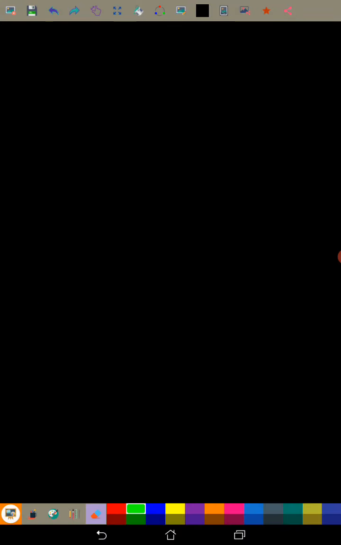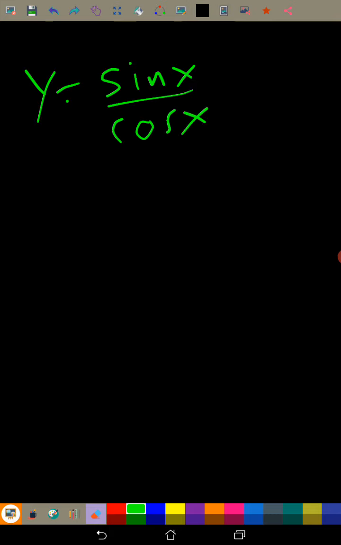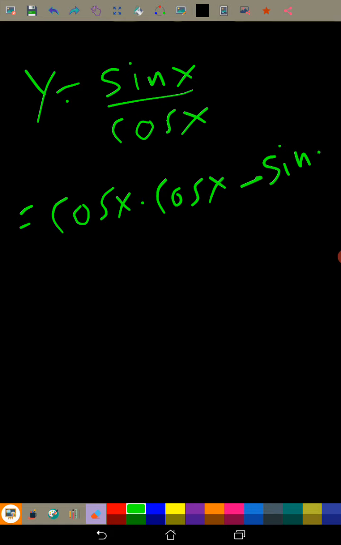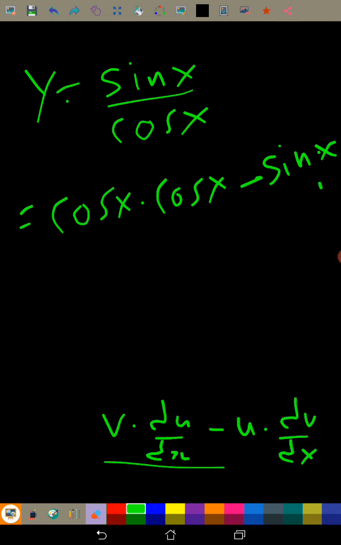So for tan, if we have y is equal to sine x over cos x, we know the quotient rule is going to be cos x times cos x minus sine x times, because it's v times du by dx minus u times dv by dx, divided by v square.